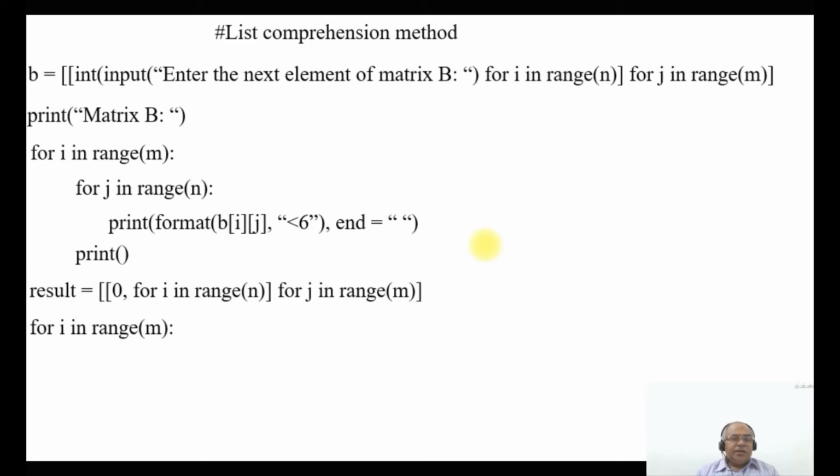So here, for i in range m and for j in range n, the result of ij will be equal to A of ij plus B of ij. That is, considering the rows and columns of matrix A and matrix B. That means the 0th row, 0th column of matrix A is added with the 0th row and 0th column of matrix B. This will be explained in detail when we take up the tracing part.